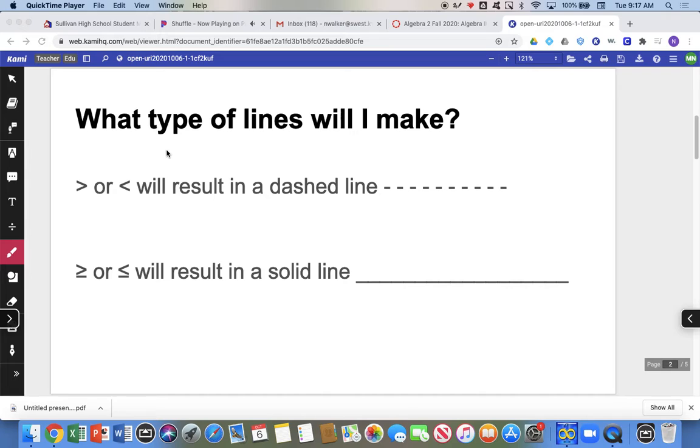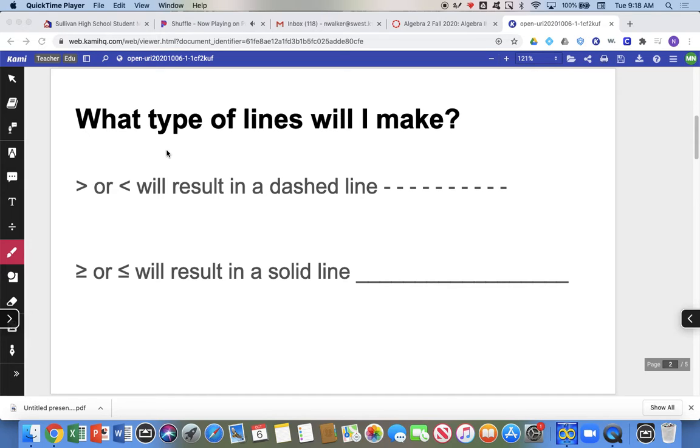A regular greater than or less than on a number line would be an open circle. On a linear inequality where we have a line, we make it dashed instead of solid. If it has the or equal to symbol, then we make a normal solid line. A dashed line is very comparable to an open circle, and a solid line is a closed circle.